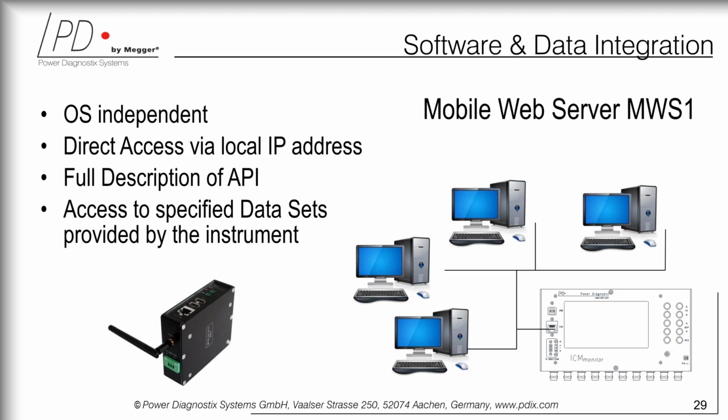Another way to do it is to actually have such a mobile web server, MWS1, which connects to the device, and after that, from a distance, a variety of people can use agnostic browsers to actually look into the monitor. This is the beauty of a web server, as we all know, and therefore specific data sets can be provided by the instruments to different users based on their rights.